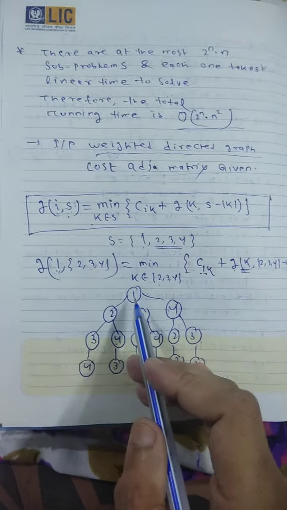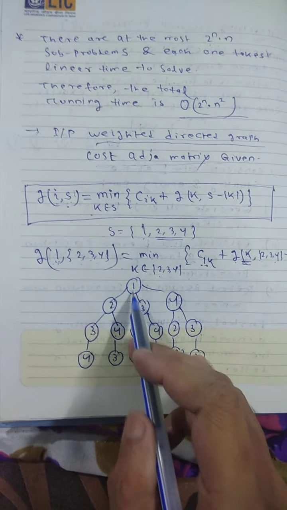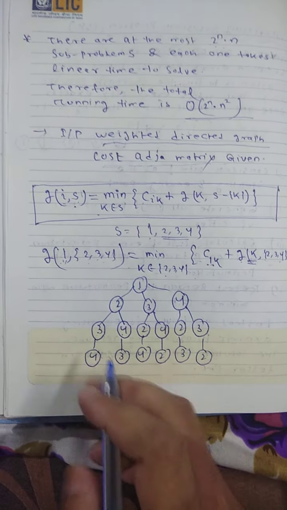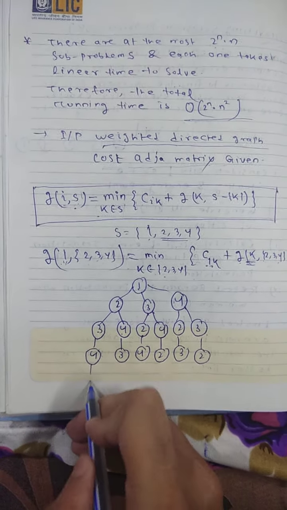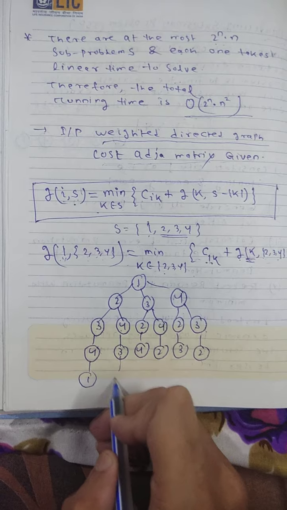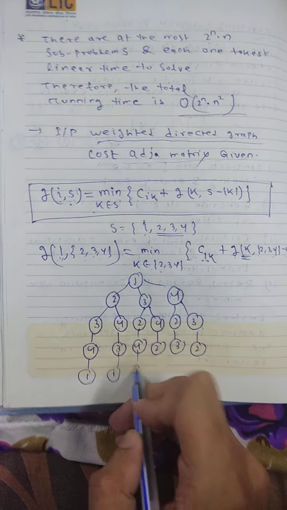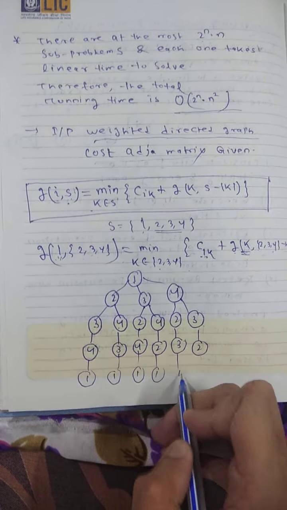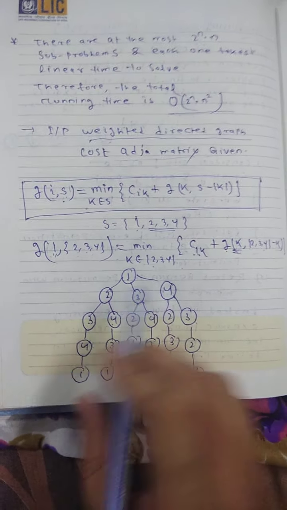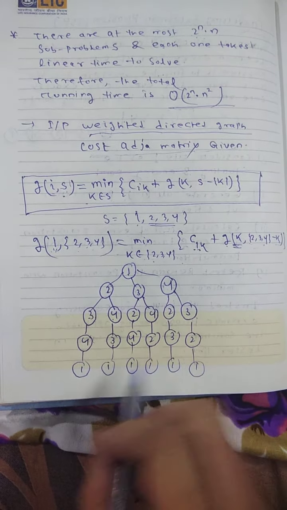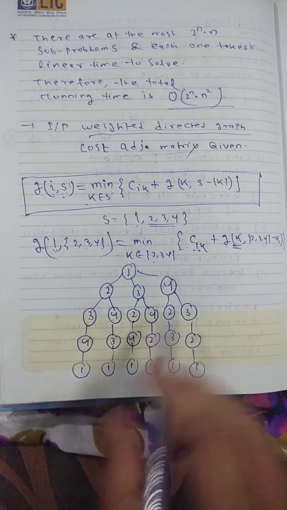So this is the possible way we have to visit from the root to the other vertices. And after 4, again it returns to the root vertex. So there are some paths for which you have to calculate the cost if you visit the path in this way.